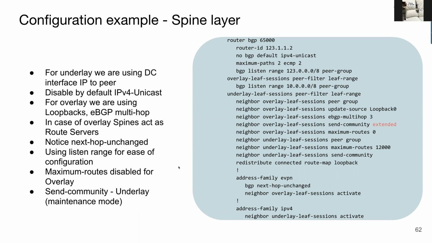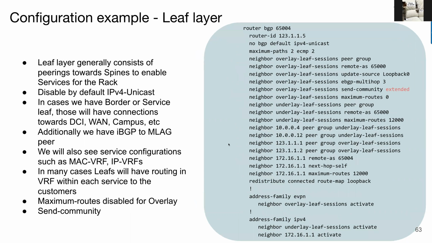All right, so this was our base configuration for our spines. Now let's take a look at some of the differences that you would see for our leaf switches.